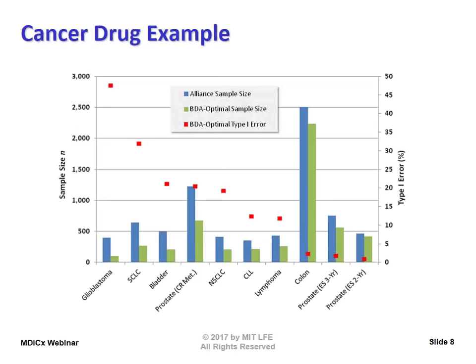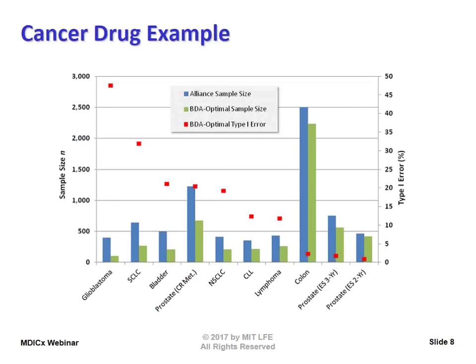So using data for the burden of disease for patients, in other words, what are the quality-adjusted years of life lost and what the impact would be on patients in trials, as well as the potential for toxic side effects and so on in patients out of trials, what we did was to calculate the optimal type 1 error that we might get, as well as the optimal sample sizes using our framework, and compare that to what the appropriate size and sample size was for the Alliance clinical trials.